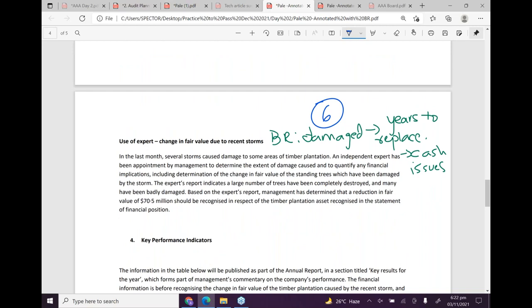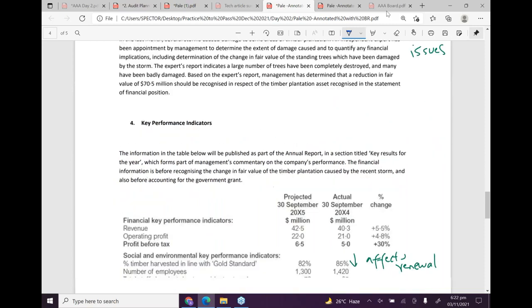Please remember, my forests have been damaged and they have had substantial damage. Trees do not grow overnight. These are going to take years to replace. This is going to cause liquidity problems as well. So the linkage is very, very important.